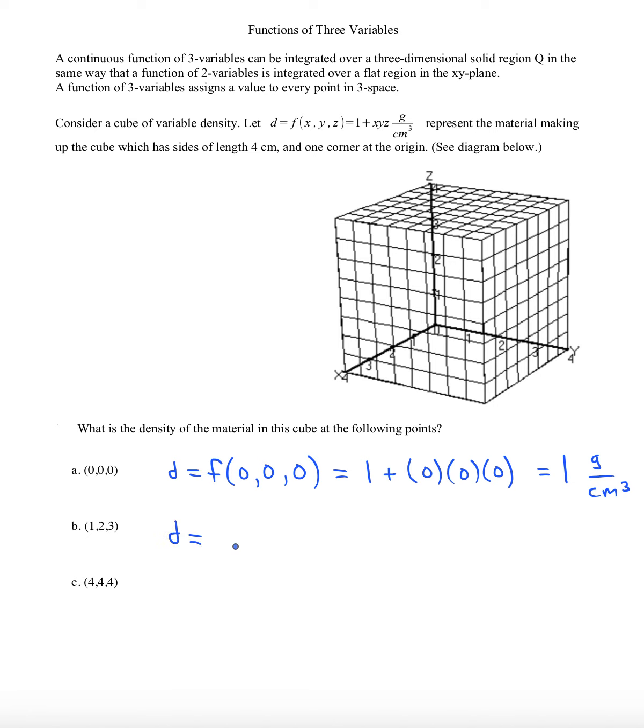If we want to find the density at this point 1, 2, 3, we'll plug into the formula. That's 7 grams per cubic centimeter.